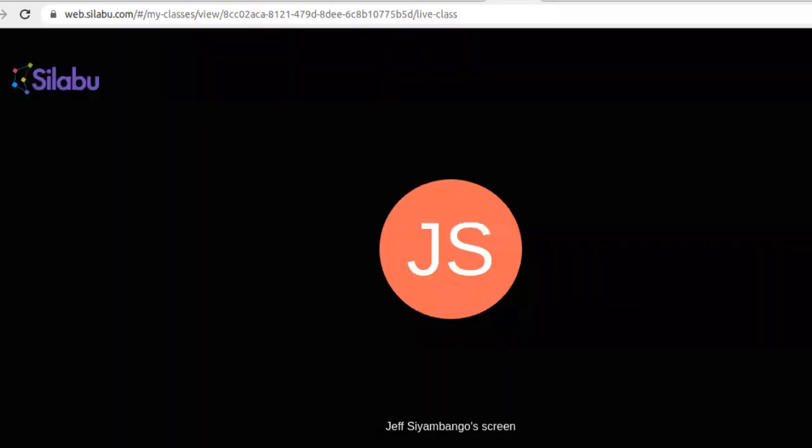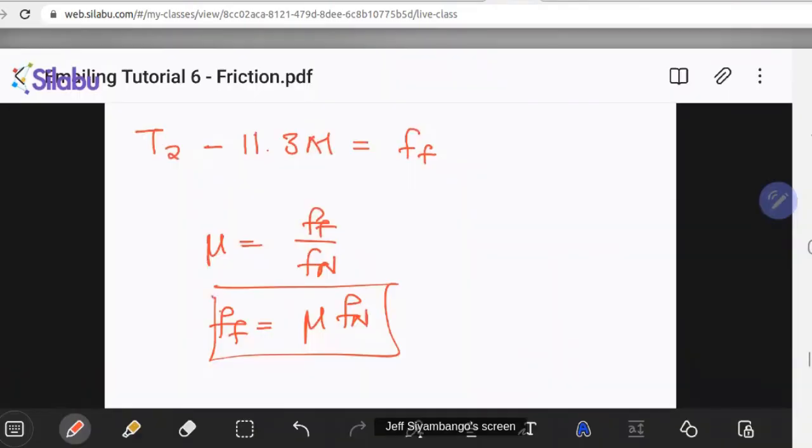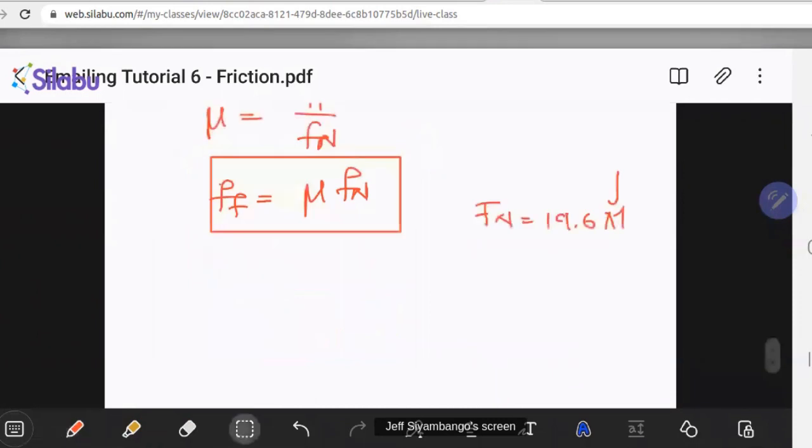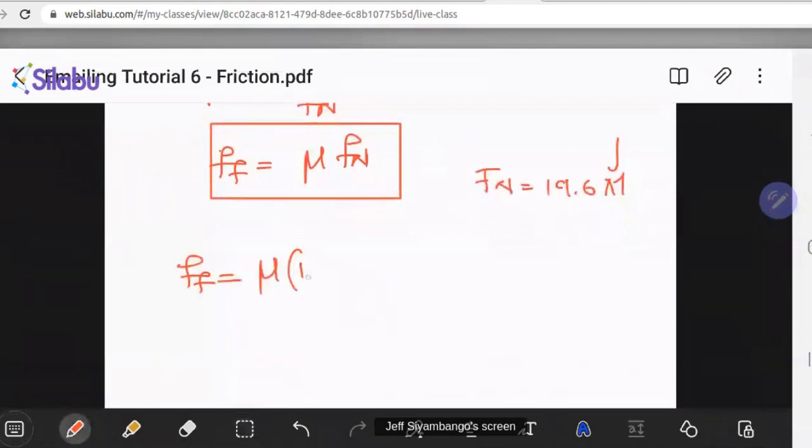So where we have the normal force in the force of friction, we can put 19.6 m. So the force of friction is equal to 19.6, then we have the coefficient, and then m here.